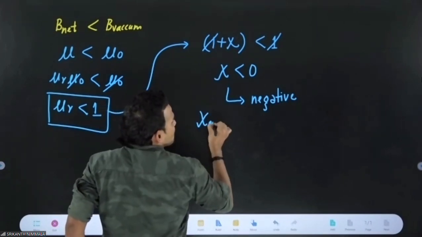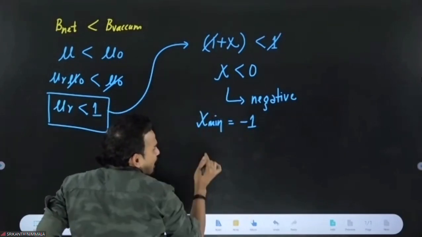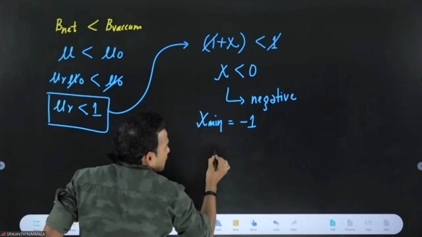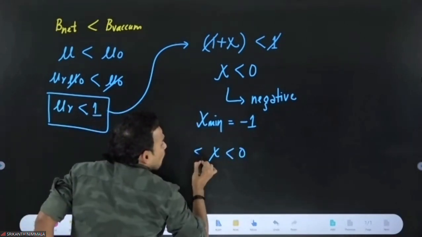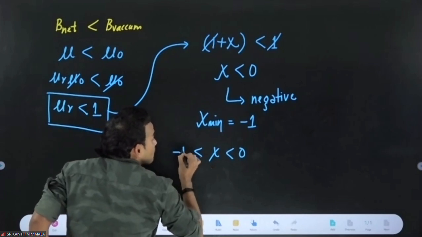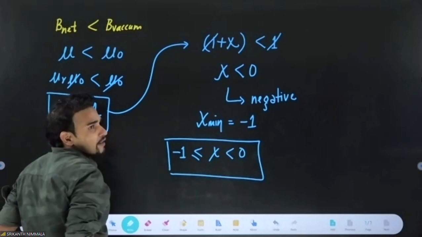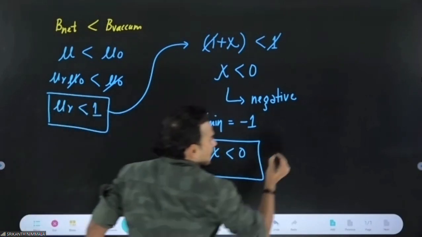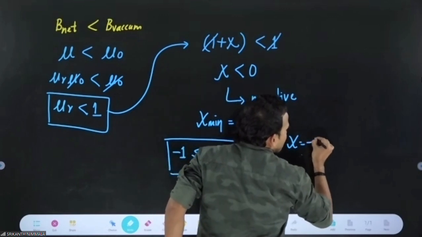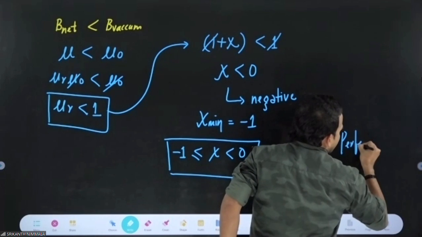Always remember the minimum possible value of magnetic susceptibility. For diamagnetic material, your xi will be less than 0, but it will always be greater than or equal to minus 1. It will be negative, but not less than minus 1. Minimum value will be minus 1. And when xi becomes exactly equal to minus 1, such bodies are known as perfect diamagnetic.